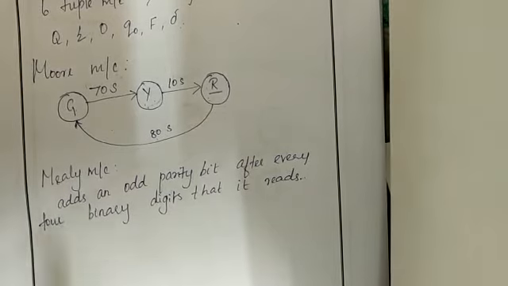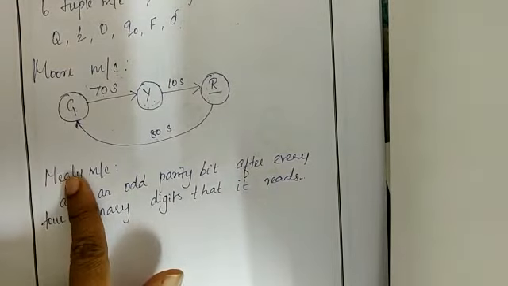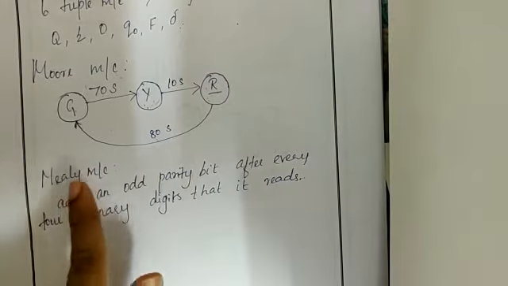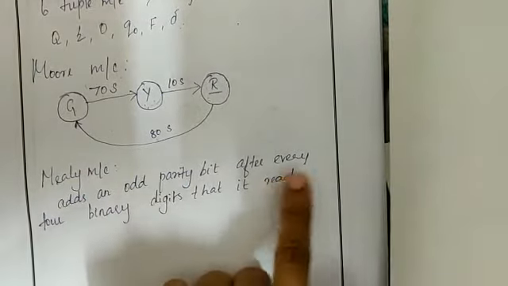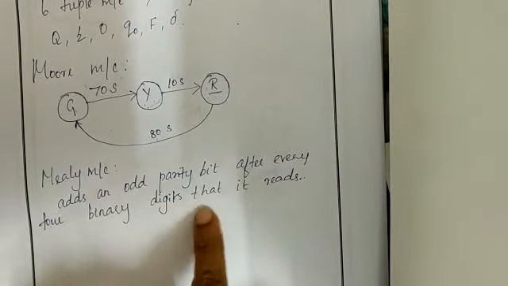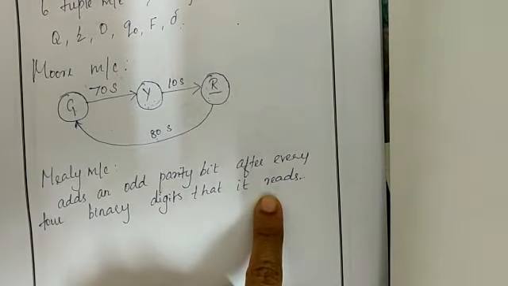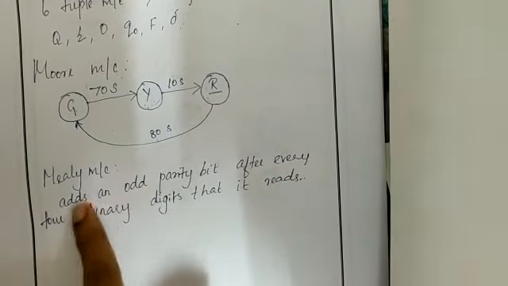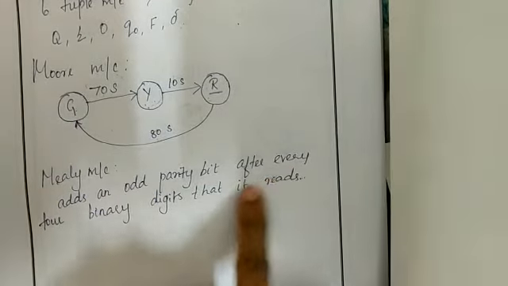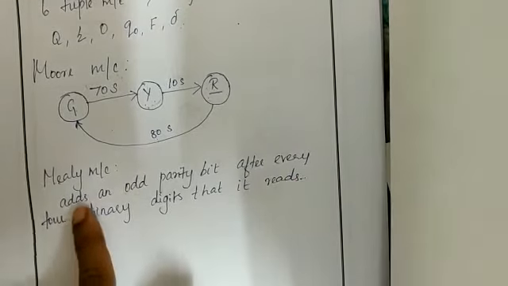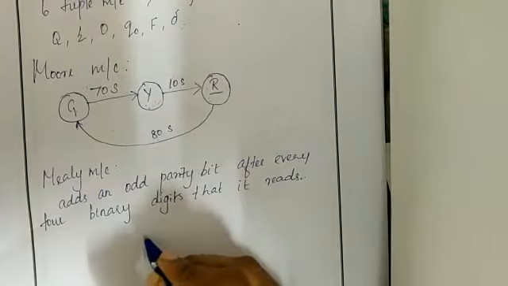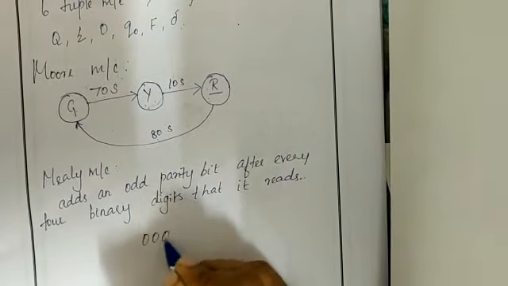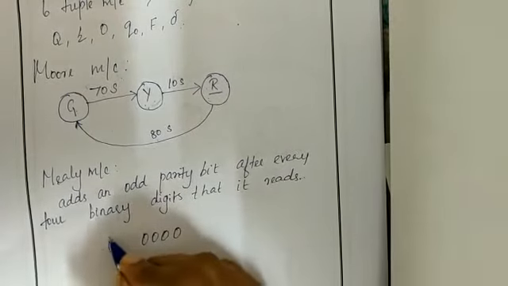So I'll tell the question once again. I have to design a Mealy machine such that the Mealy machine adds an odd parity bit after every 4 binary digits that it reads. It will read a 4-bit number, then it adds an odd parity bit to these 4 binary digits. Suppose it reads 000, this is my input.